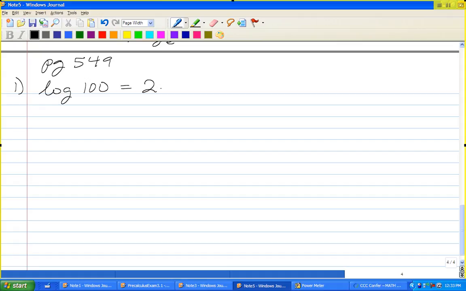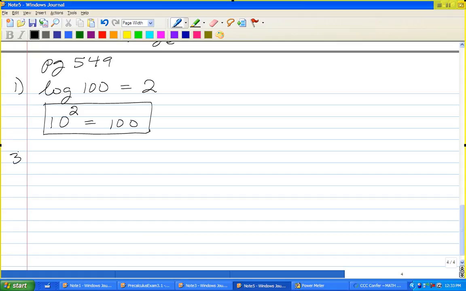Okay, so now let's rewrite this in exponential form. Well, the base isn't written, so it's a common logarithm. So the base is understood to be 10. The exponent is your logarithm, and the result is, well, what was given in the logarithm, 100.